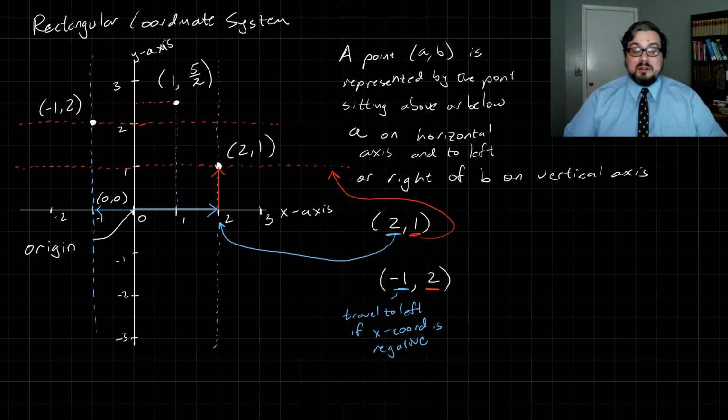In this case, the y-coordinate is +2, so we'll move up. But if the y-coordinate, the second coordinate, is negative, we travel down.